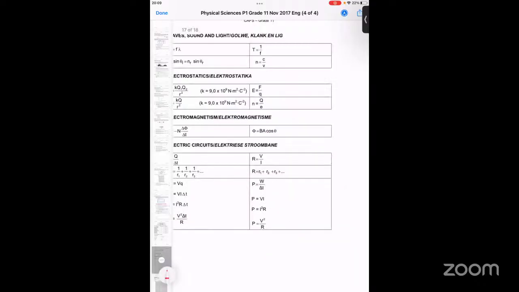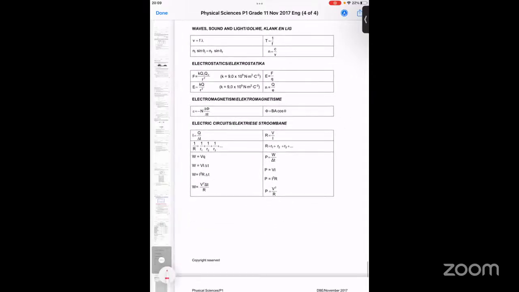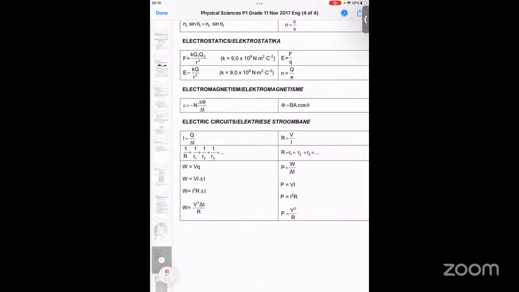Okay, I'm going to check a formula that talks about the power. There is the formula which says work over time. Remember, everything which is being divided by time is called the rate. So it looks like power will therefore be the rate at which work is done.